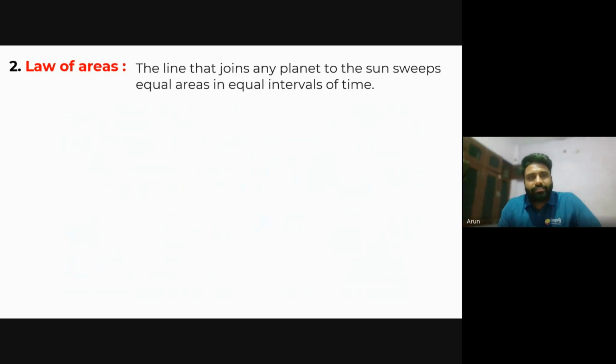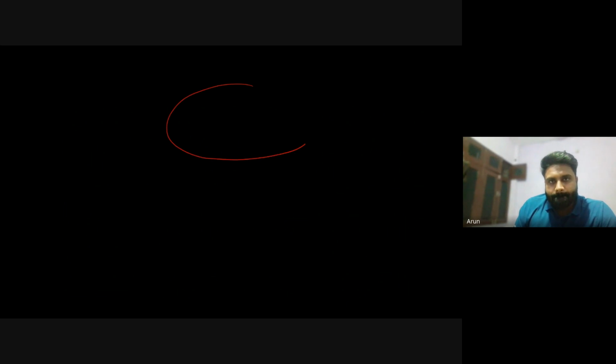So, in the second law of area, you can say that the line that joins any planet to the sun sweeps equal areas in equal intervals of time, which means if there is a planet, this is the ellipse, this is the common center of the ellipse.